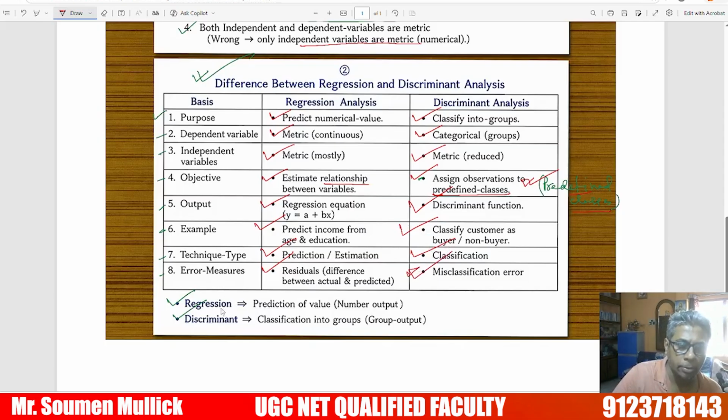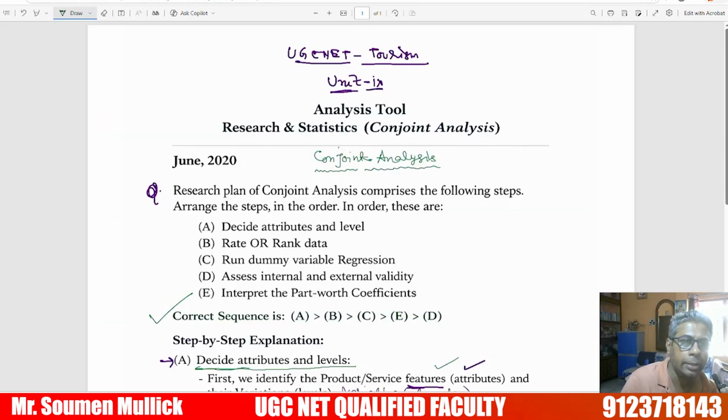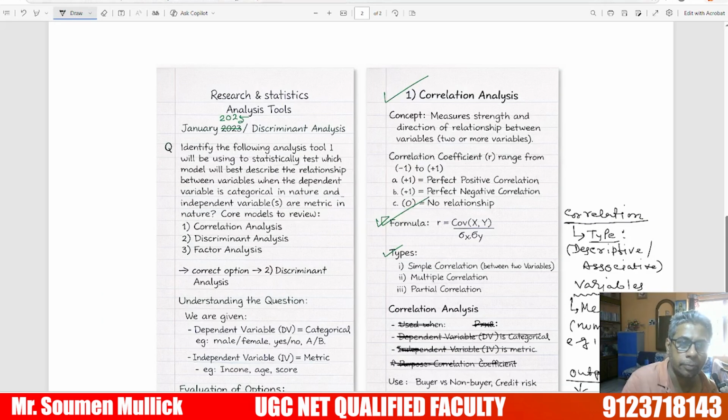So we have to remember regression is the prediction of value, number output, and discriminant is a classification of group. Number output, regression; group, discriminant. These are the important areas of conjoint analysis and discriminant analysis.